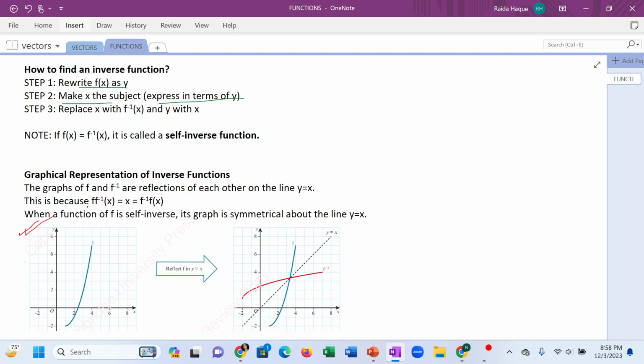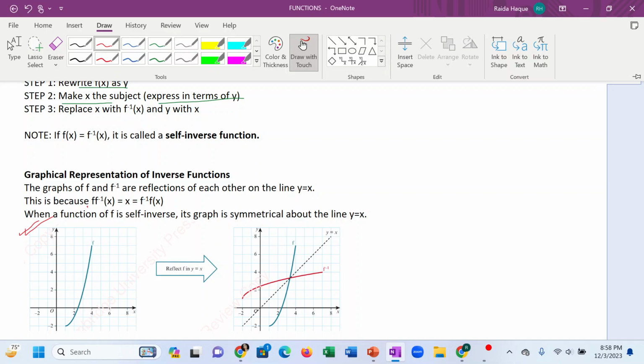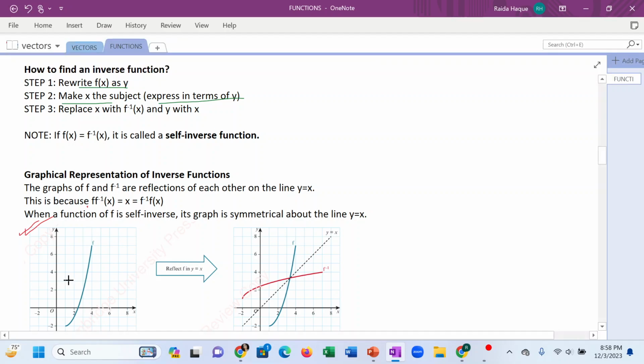What we do is simply we will draw the y equals x line first. That is our very first thing to do. So let's draw a line through y equals x. It will be somewhat like this.